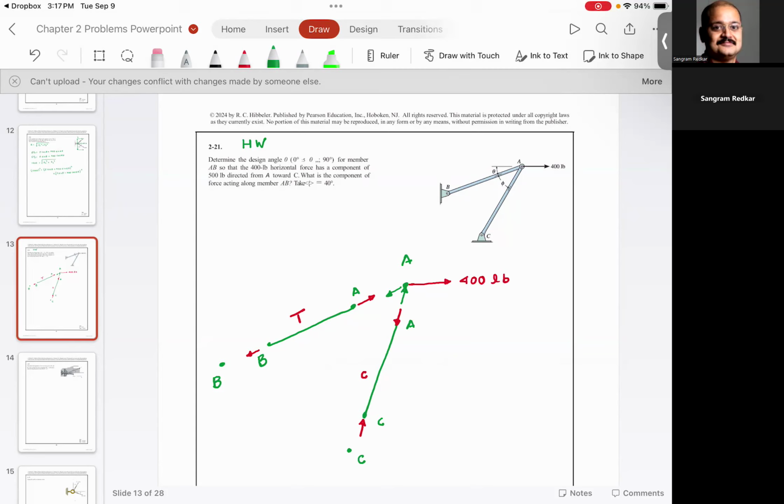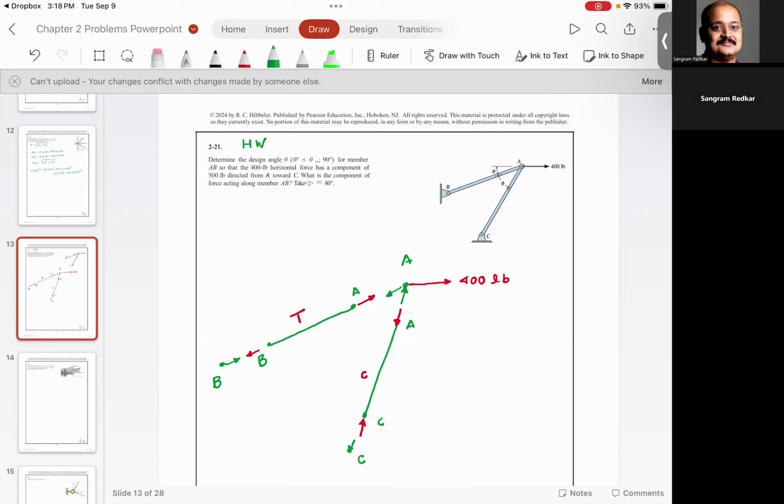Now let's go a step further. What's going to happen on joint B and what's going to happen on joint C? You have the action force shown in red and the reaction force shown in green. The forces that I have drawn here, these pairs, are called internal forces.